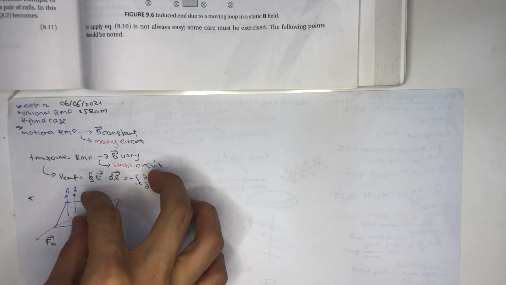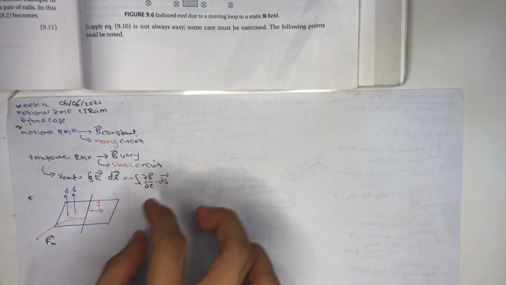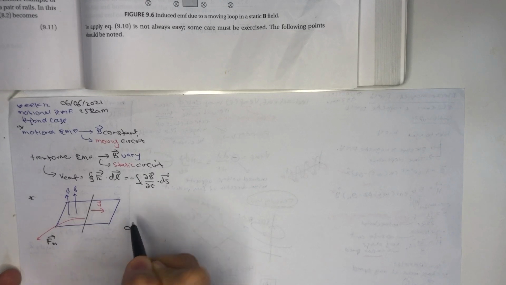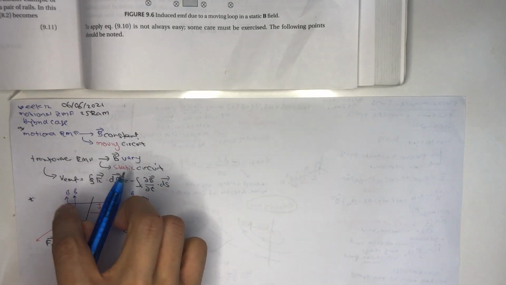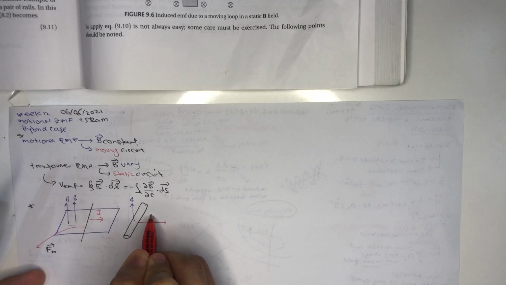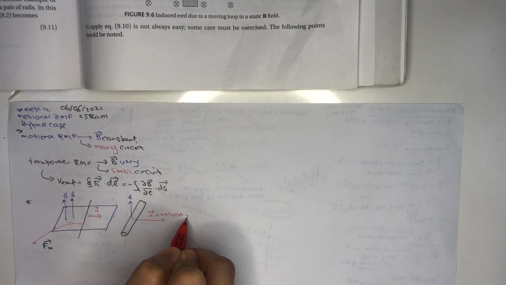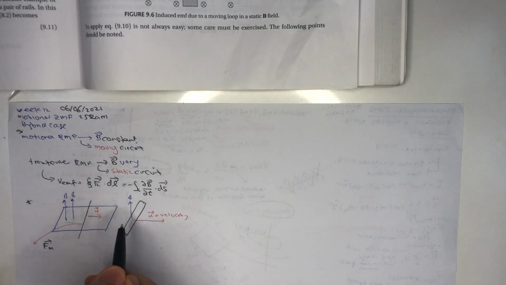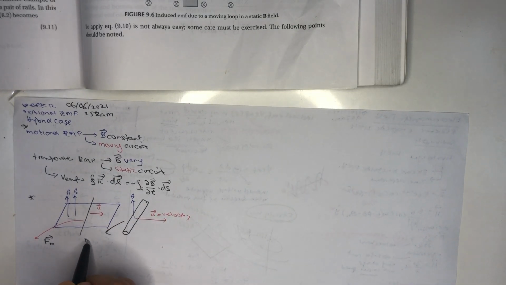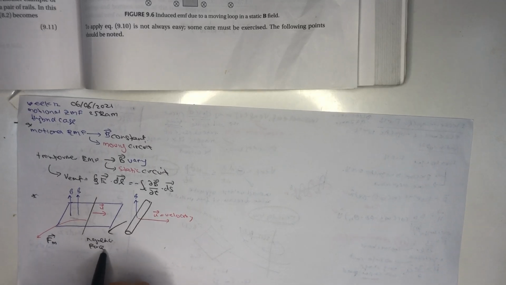If we take this rod out and zoom in, you can see your B here, then your u, the velocity, and then your Fm, the magnetic force involved.